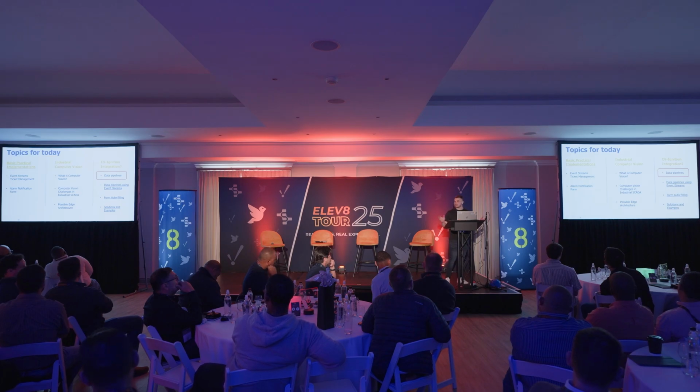Data pipelines. I think most of the people here are SIs. You should all know data pipelines, even if you don't know the actual term. It's basically just the flow that any software follows from input to output. So this is a data pipeline for a computer vision model that does license plate recognition.